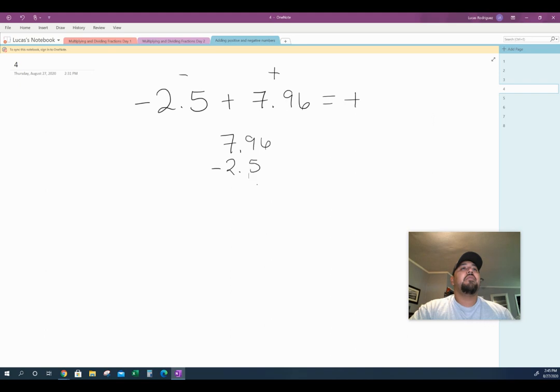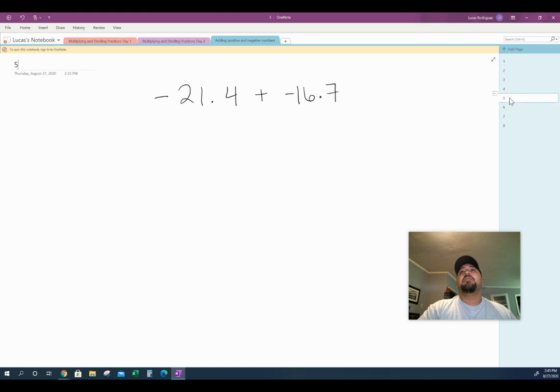Now remember, when adding or subtracting decimals, we need to line up the decimals. Okay, so now just subtract. So we have 6, this is going to be 4, this is going to be 5, 5.46. So it's going to be 5 and 46 hundredths is going to be our answer.